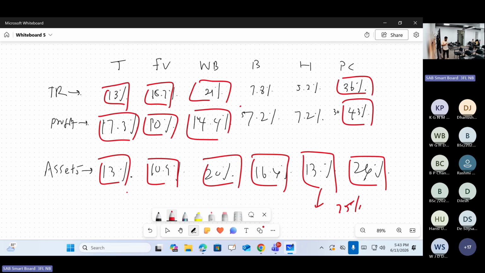The question says, take 16 divided by total assets. This is question 7.